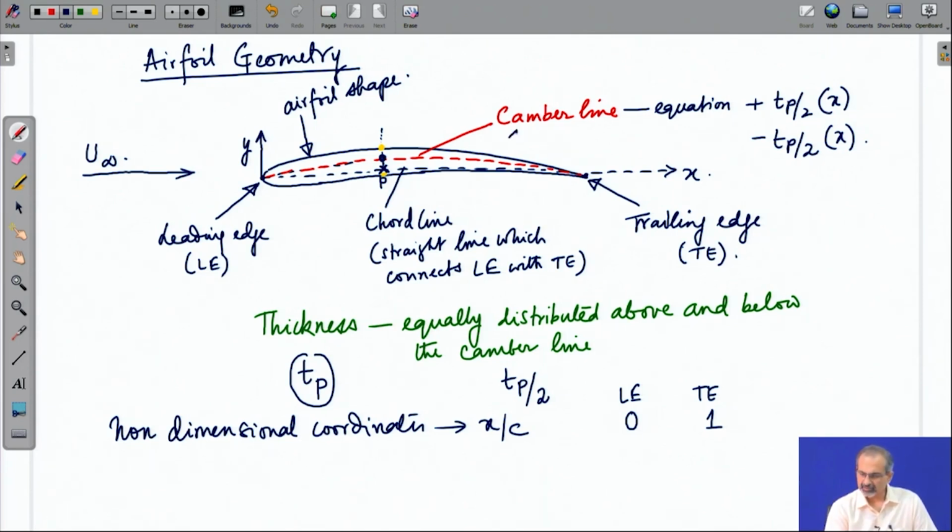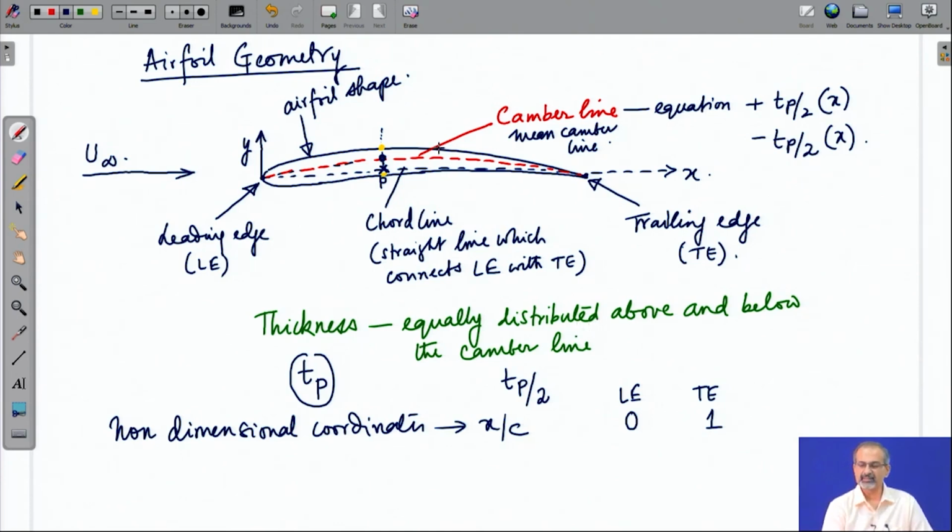This camber line is often called the mean camber line, and the greater the camber of the airfoil, the greater is the curved nature of the airfoil. What happens if the camber of the airfoil vanishes?